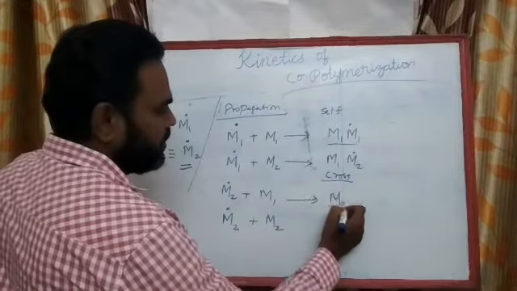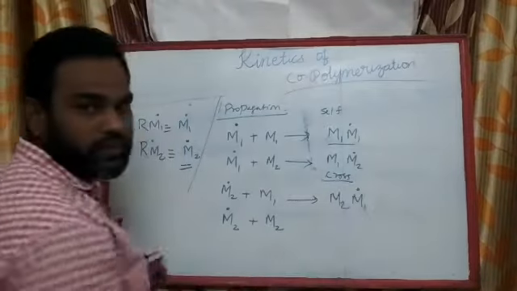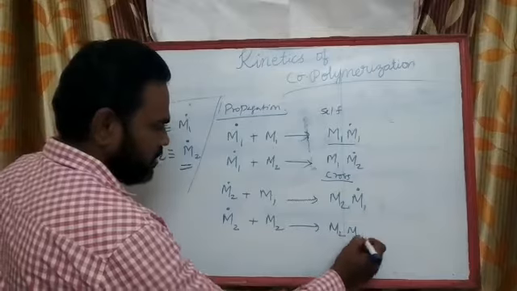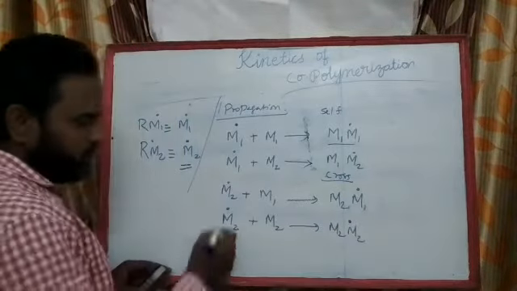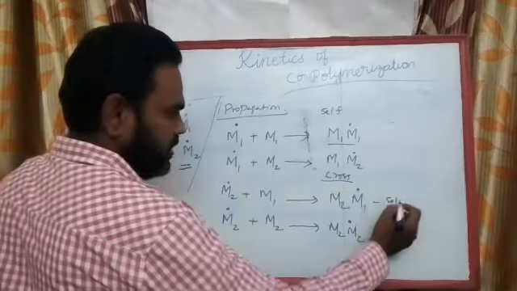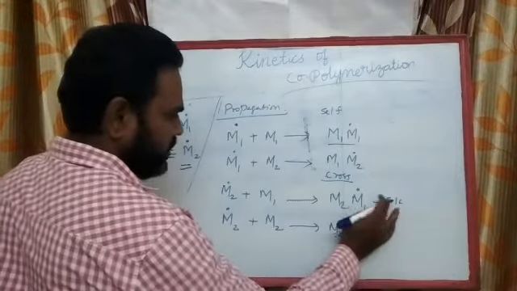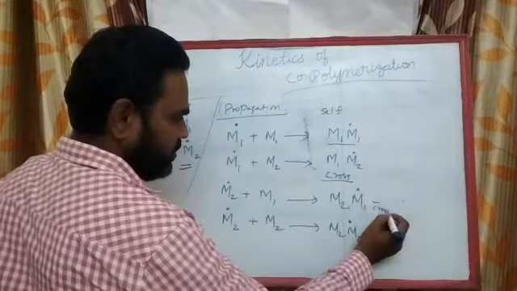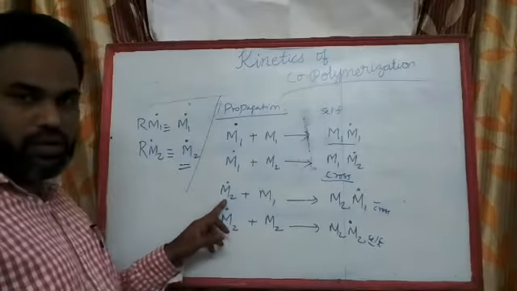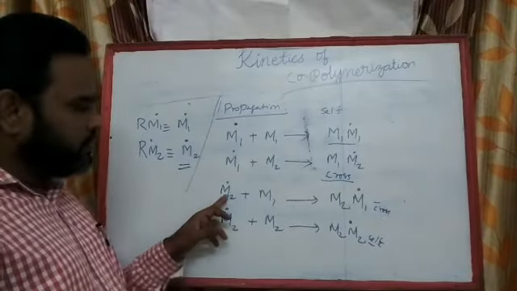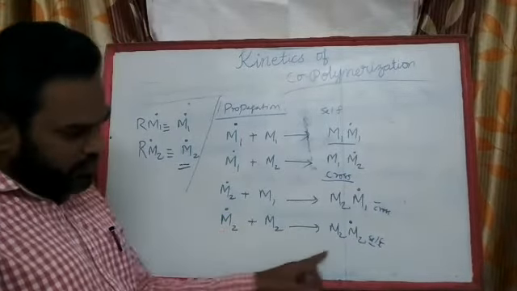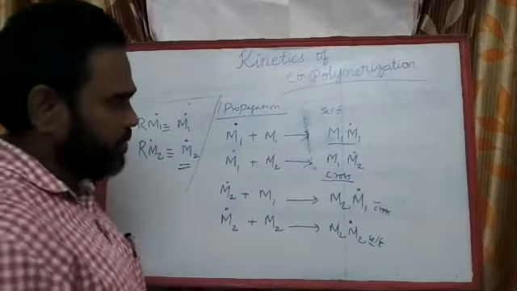You will get M2 M1 dot, which is a cross propagation, because the M2 radical with M1 changes to M1 dot. And you will get M2 M2 dot, where the M2 radical with M2 remains M2 dot. So this is a self propagation.